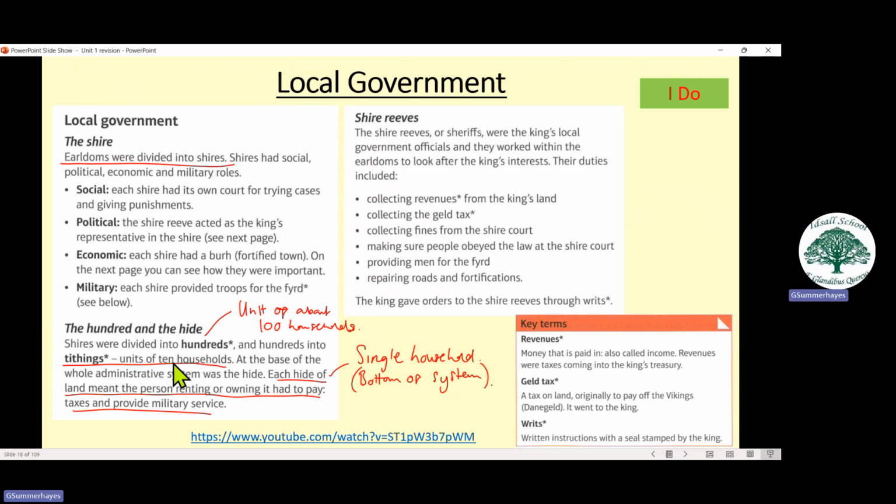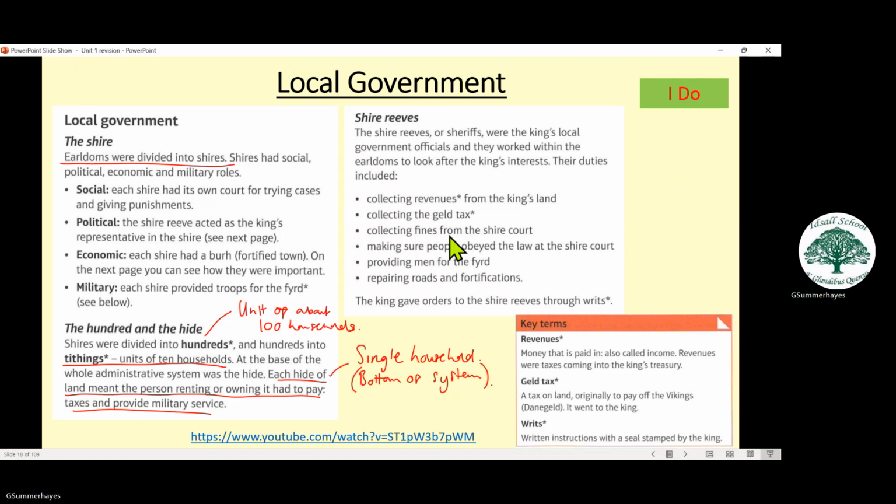So there would probably be less than 100 hundreds in counties, if you know what I mean. And then the hundreds were subdivided further into tithings. So it's actually quite a metric system, which is unusual because most of the measurements in those days were not based on tens and hundreds. And then within the tithings, you had a hide, which is one bit of land that a family could farm.